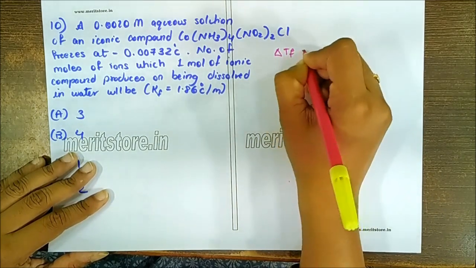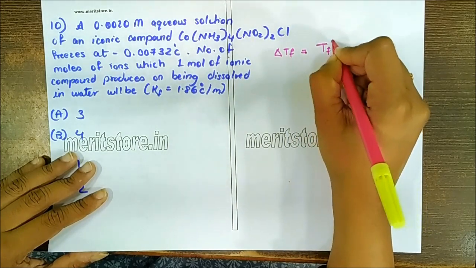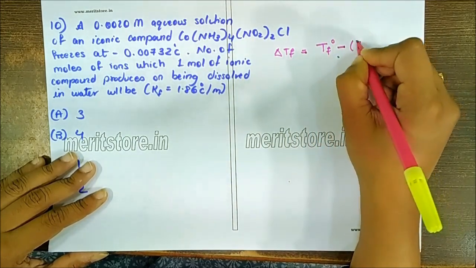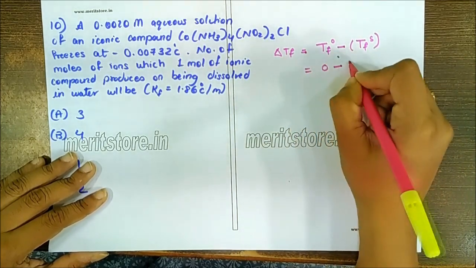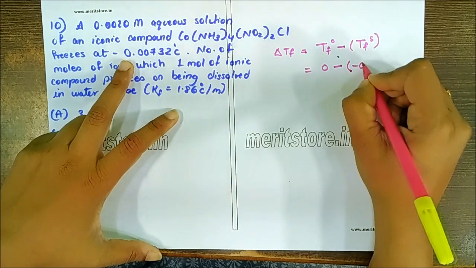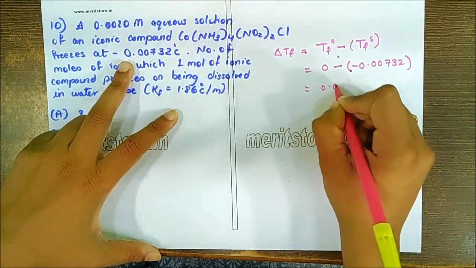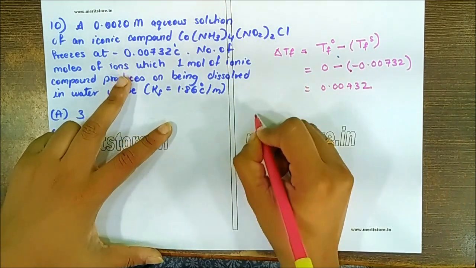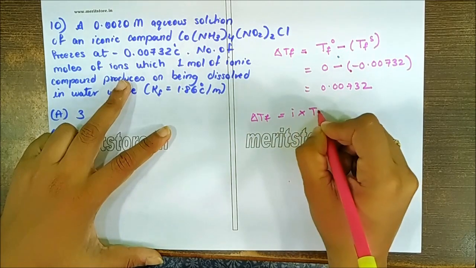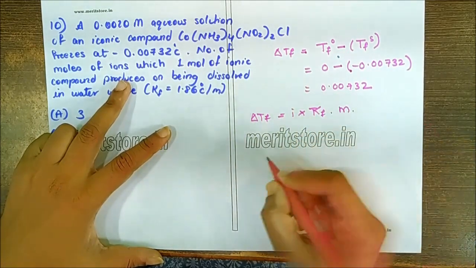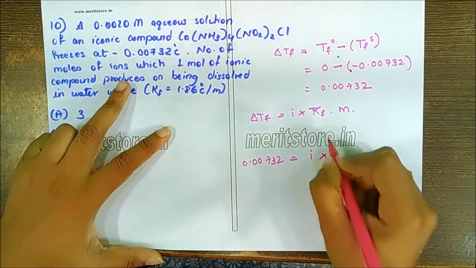Now delta Tf is equal to the freezing point of the pure substance minus the freezing point of the solution. Here the pure substance is 0 and the solution is given as minus 0.00732, so this is 0.00732. But delta Tf is equal to i into Kf into molality. So this is 0.00732, and i we have to calculate.